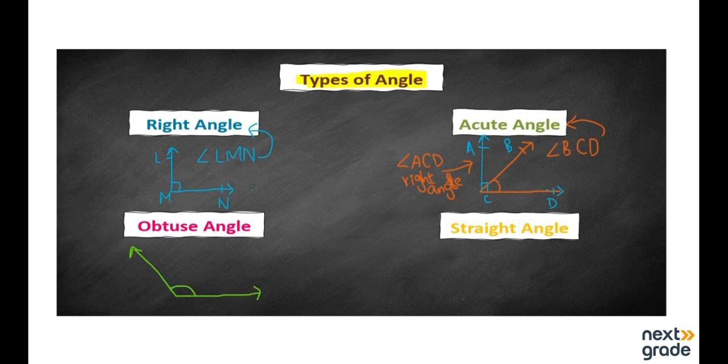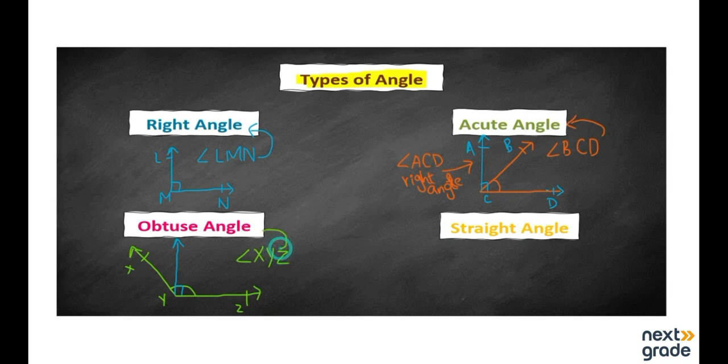For example, if I draw a straight line over here and make it a right angle, तो you can see that the obtuse angle is actually bigger than the right angle. ठीक है? So let's name these angles, ये X, Y and Z. तो हम कहेंगे obtuse angle कौन सा है? The angle X, Y and Z is called the obtuse angle. Alright?